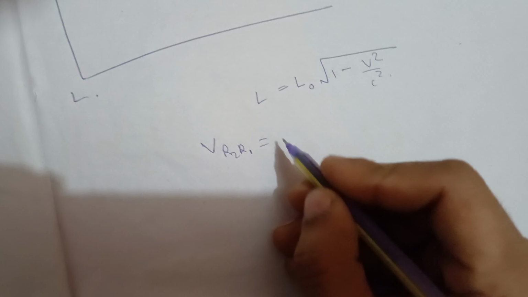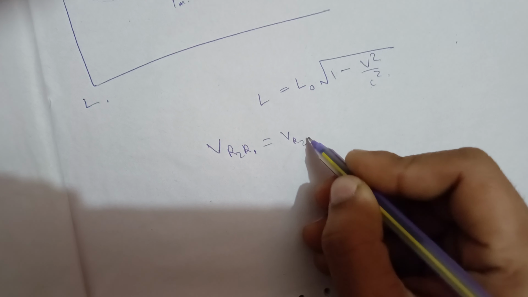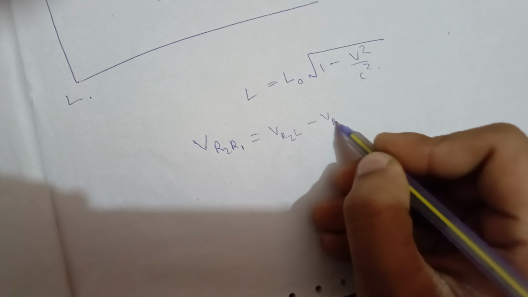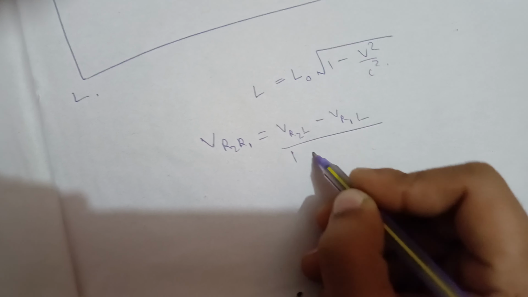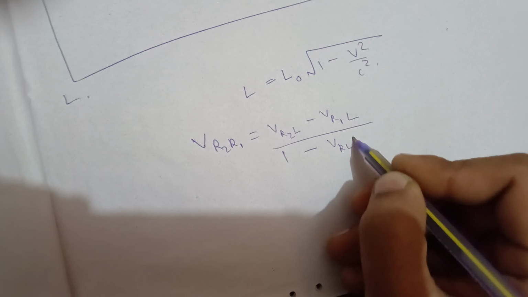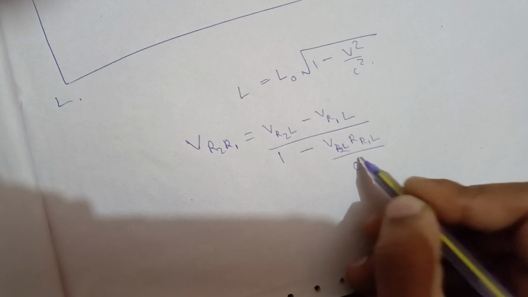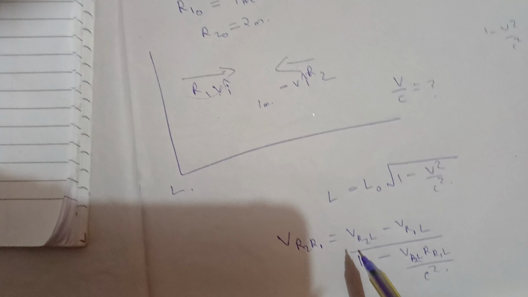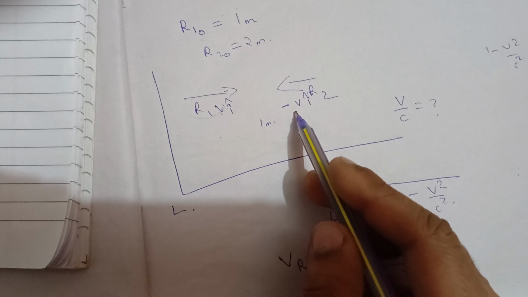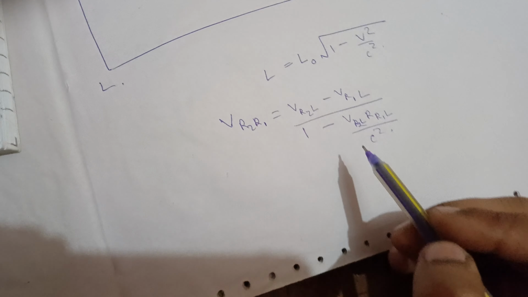We can write it using the equation we already saw: v R2 with respect to lab frame minus v R1 with respect to lab frame, divided by 1 minus v R2L v R1L by c square. Now we know that v R2L is minus v i cap and v R1L is v i cap. So substitute the values and find the answer.